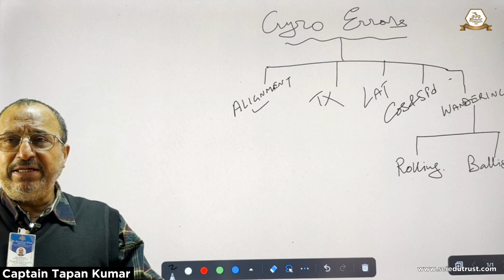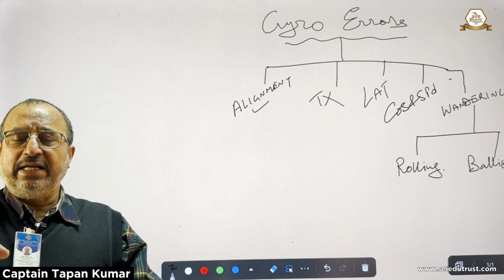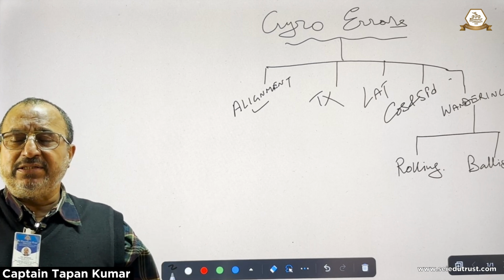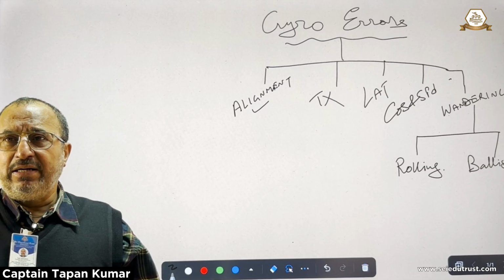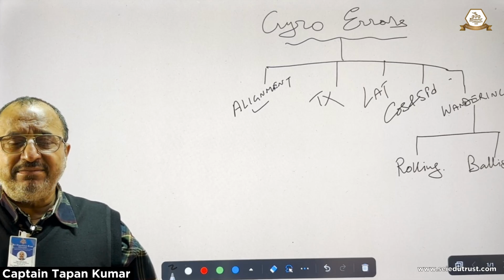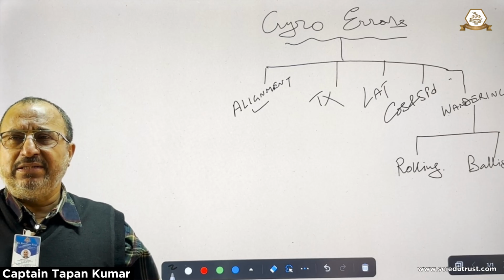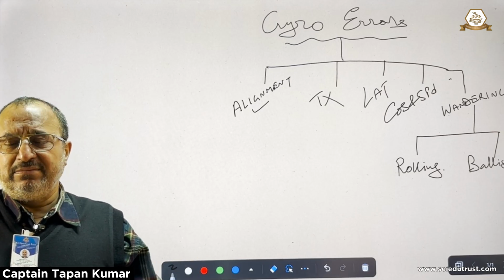So how many repeaters are there? Like your steering, center line of the vessel, port wing, starboard wing, then your steering flat, course recorder, right? Then radar.